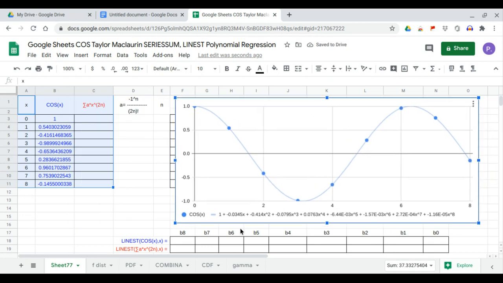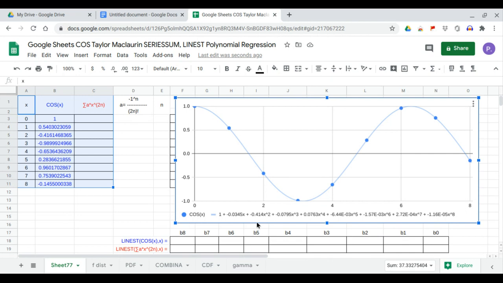Here you have the trend line and its regression coefficients, polynomial, that is 1 minus 0.0345x minus 0.414x squared minus 0.795x cubed plus 0.0763x to the fourth minus 6.44 times 10 to the minus 3x to the fifth minus 1.57 times 10 to the minus 3x to the sixth, 2.72 times 10 to the minus 4x to the seventh, and negative 1.16 times 10 to the negative 5x to the eighth.